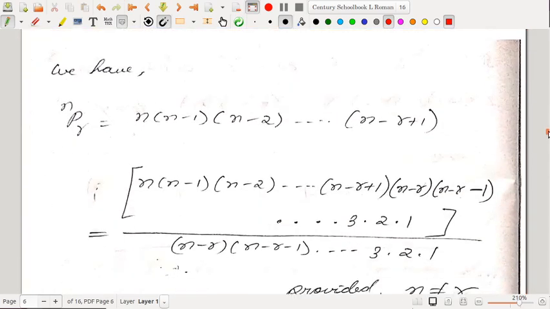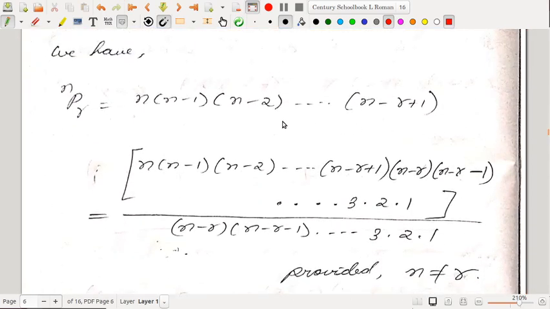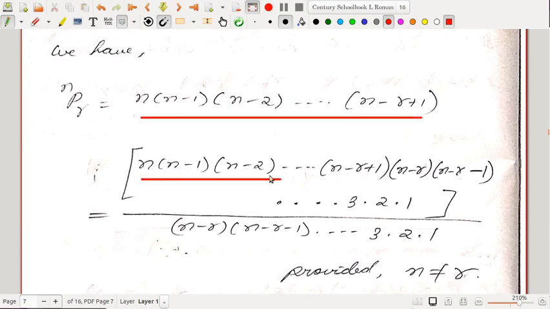Okay, so now we can develop a shortcut formula for this. nPr is n into n minus 1, n minus 2, up to n minus r plus 1. At each step the numbers are decreasing by 1, right? So as we go on continuing this process, at some stage we will reach 1.